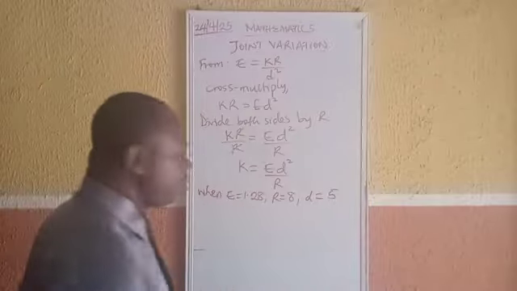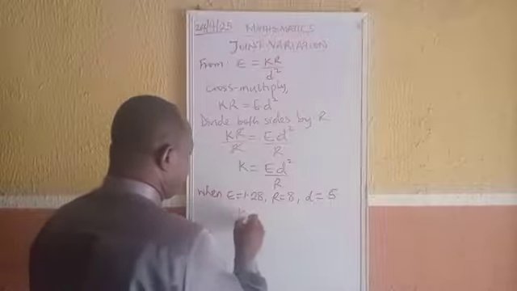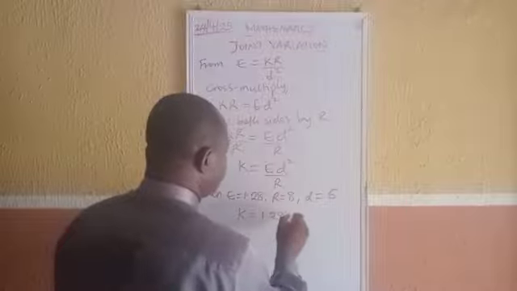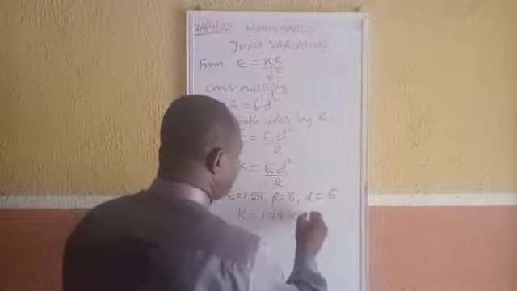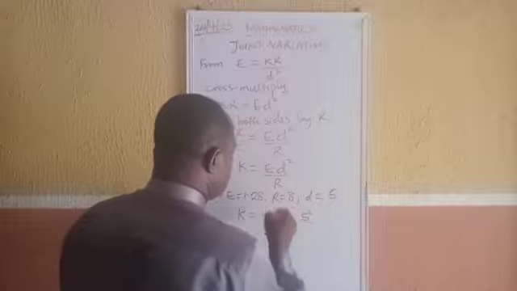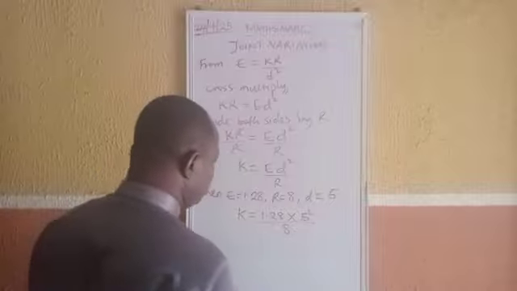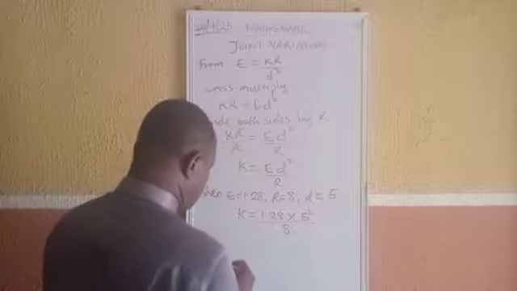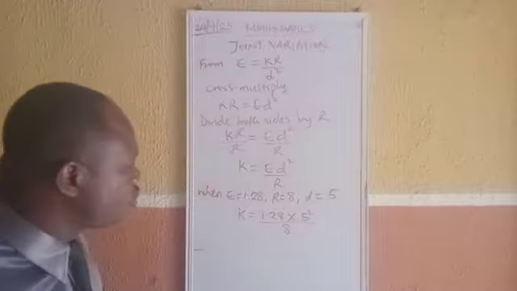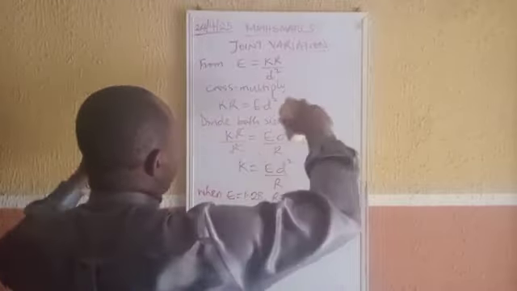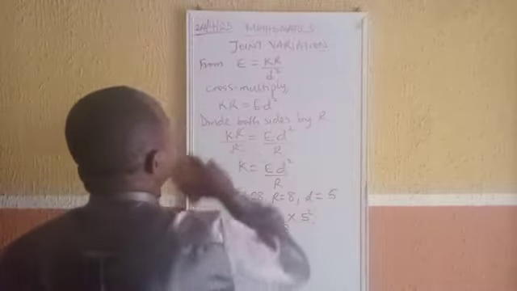So let's substitute them here. That will now give us K equals 1.28 times 5 squared over 8. I'm sure you have taken this down.